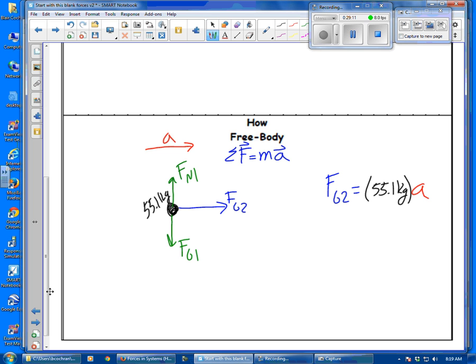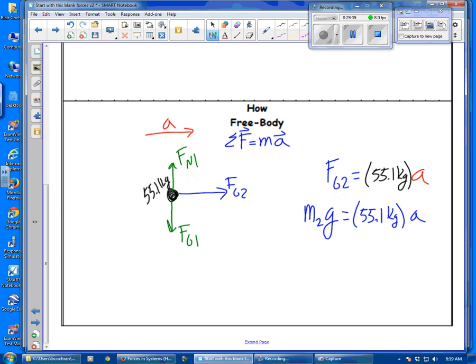Realize that the weight of 2 would be M2 G. Right? Any questions on that one before we go on to part B?